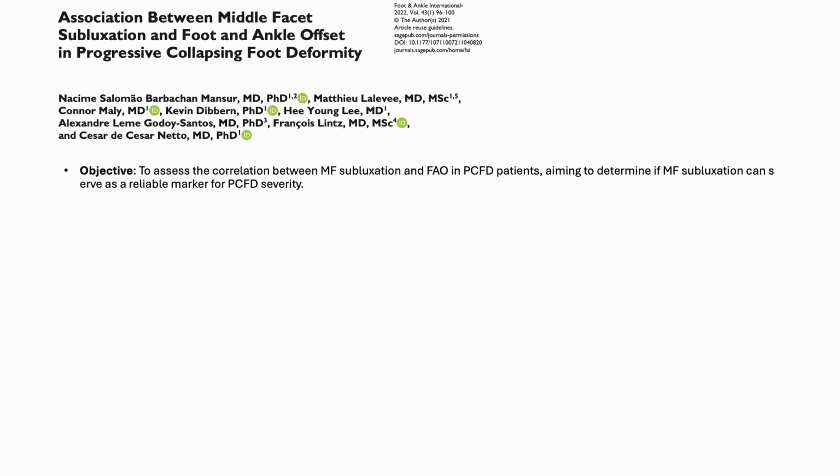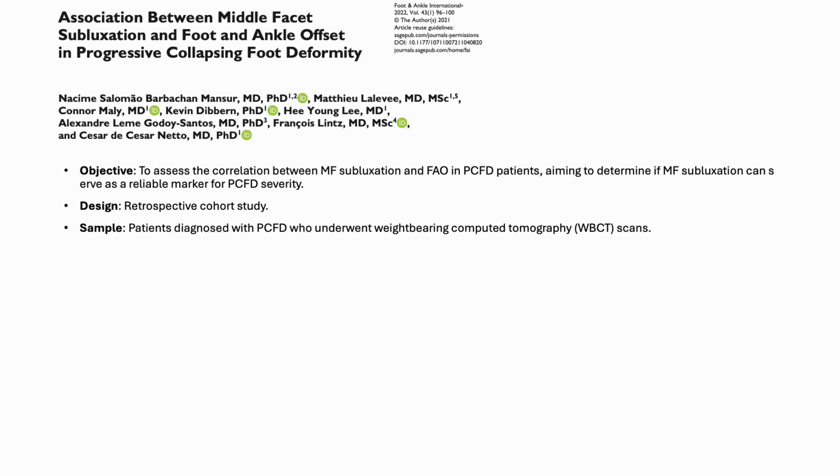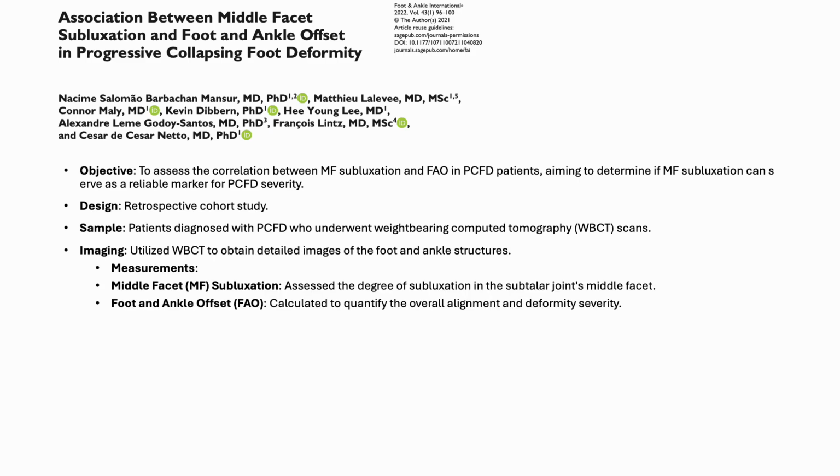2022, basically they wanted to correlate middle facet subluxation and foot and ankle offset in progressive flat foot deformity, and they wanted to say, hey, can it serve as a reliable marker for flat foot deformity severity? Retrospective design, they diagnosed patients with progressive flat foot deformity, and they got weight-bearing CT scans on them.